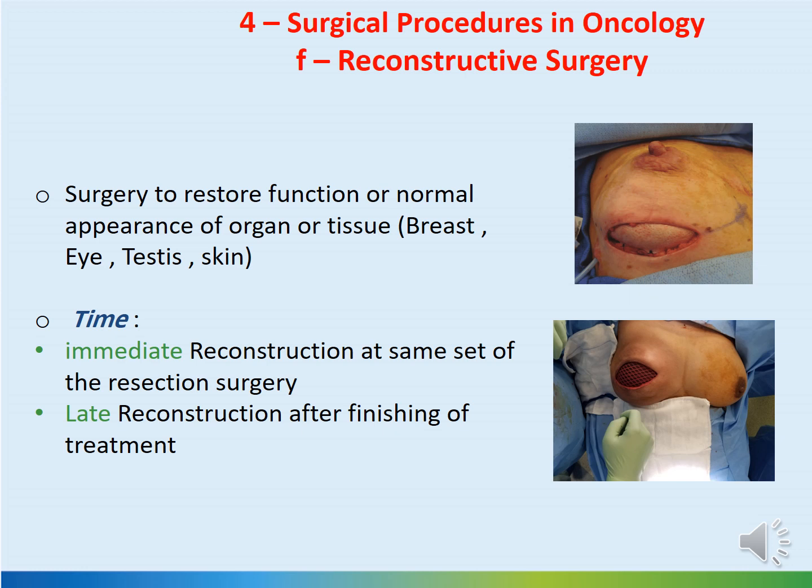We can do these procedures either immediately at the same sitting of the resection surgery, so it's called immediate reconstruction, or we can do it late, after finishing all types of treatment, after finishing surgery or other adjuvant treatment if indicated. So it's called late reconstruction.